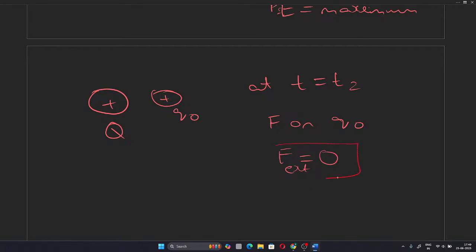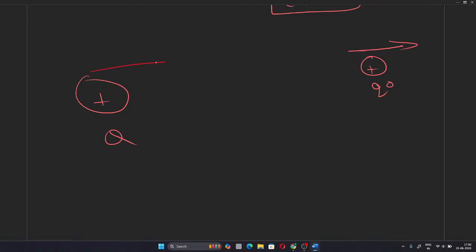It becomes 0. Then due to the electrostatic repulsive force, this Q naught will immediately be displaced far away from the main charge.